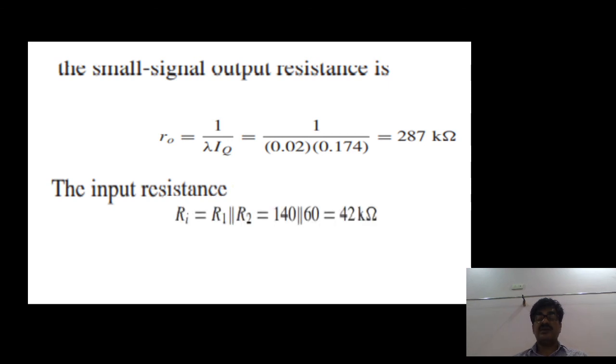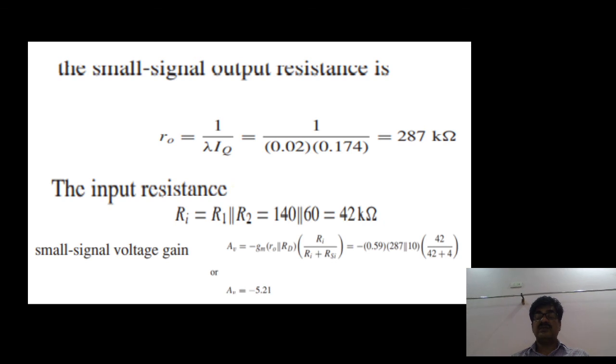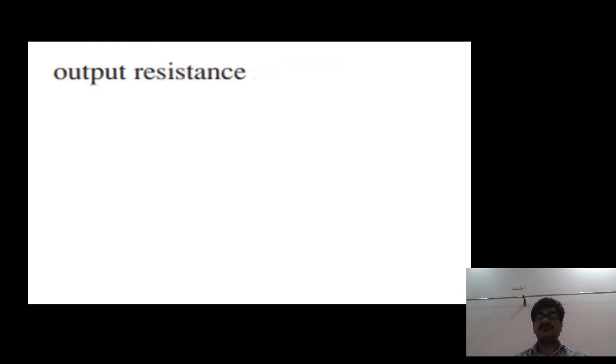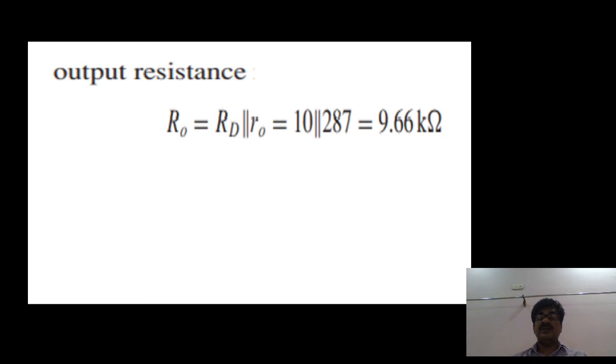Then the input impedance Ri is the already derived formula R1 parallel R2, which is 42 kilo ohms. And the small signal voltage gain formula is Av equal to minus gm (r0 parallel RD) into Ri divided by Ri plus Rs. Substituting the values, you get the gain as minus 5.21. Similarly, the output resistance using the formula RD parallel r0 you can get as 9.66 kilo ohms.